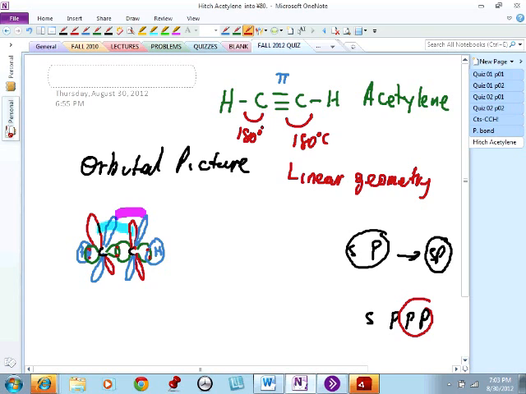Yes. The sp3 bond is what? I can hardly hear you. Can you raise up your voice? Yes. The question is whether the bond angle for sp3 carbon is 109.5 degrees. That is correct.